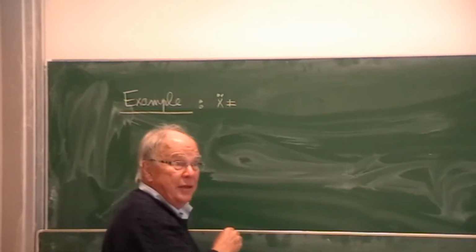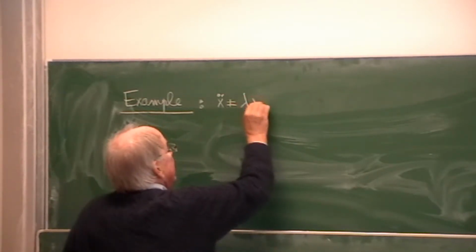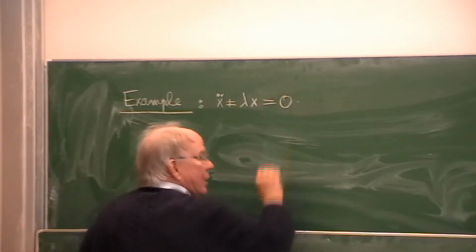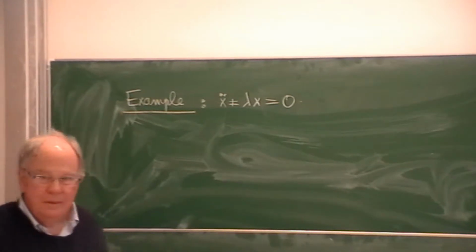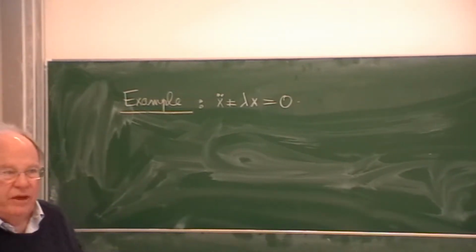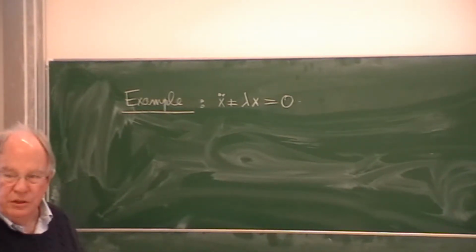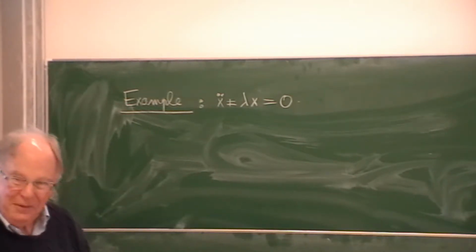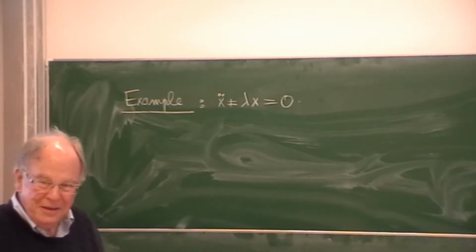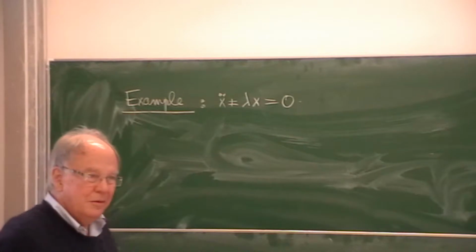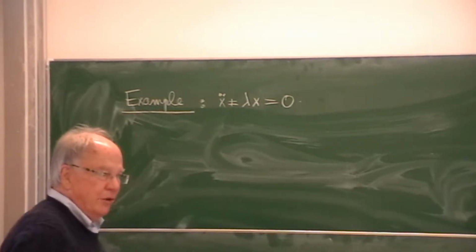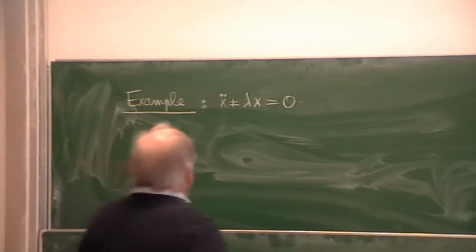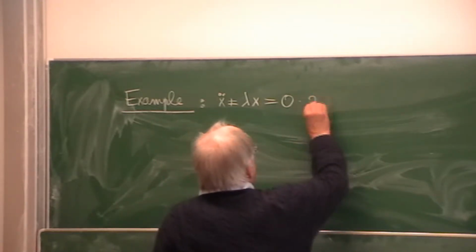It's very interesting because sign starts to matter. Lambda x equals 0. This is my favorite first example of a second order ODE that you learn in high school.